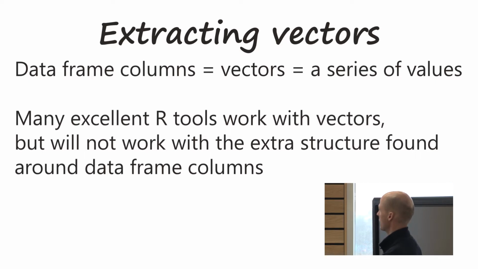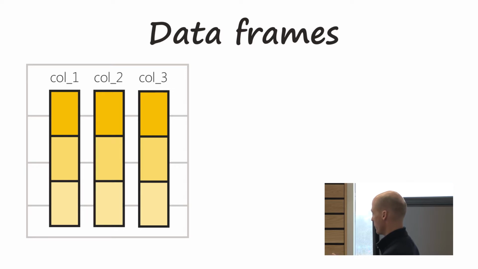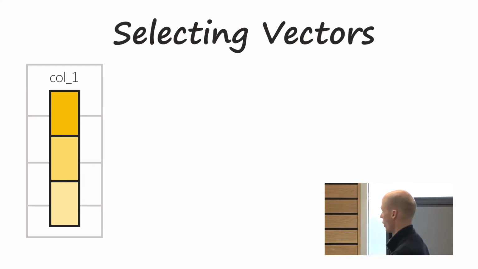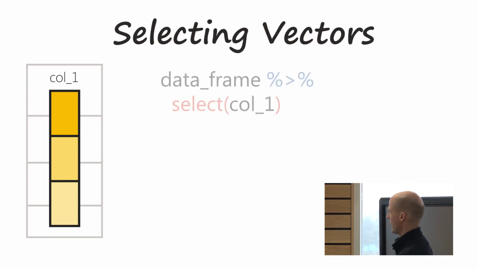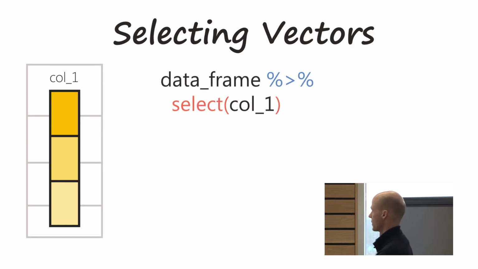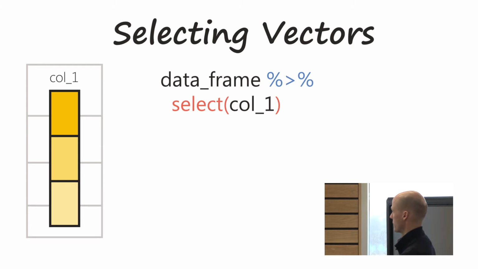If you wanted to revert from a data frame to a vector to work with other tools, you might want to just isolate a single column. And we came across select. I didn't mention it in the review, but if you specify a single column, you can extract a single column of the data frame.